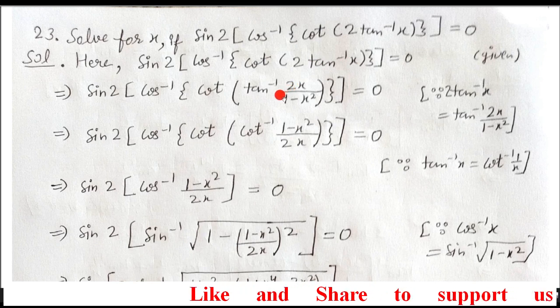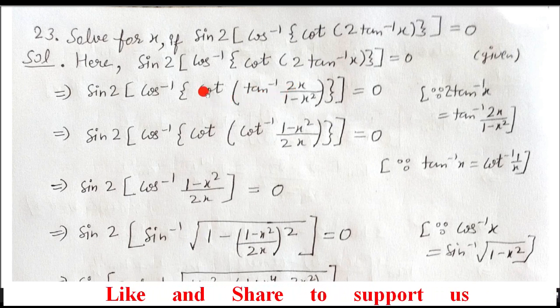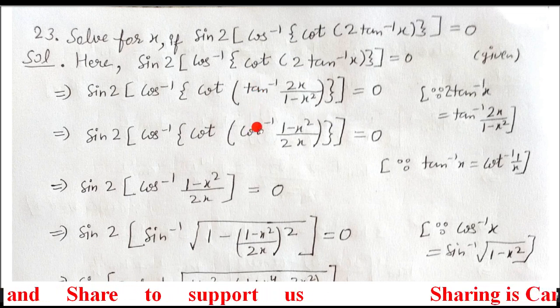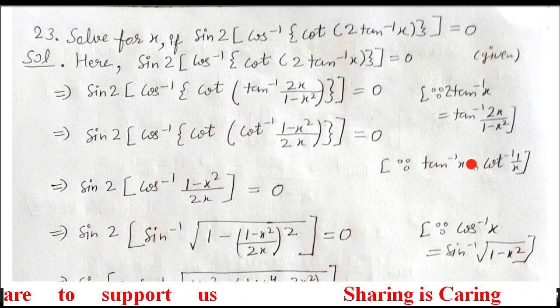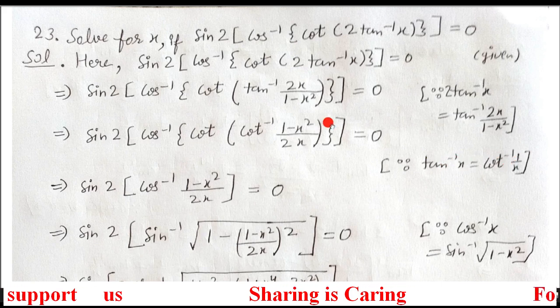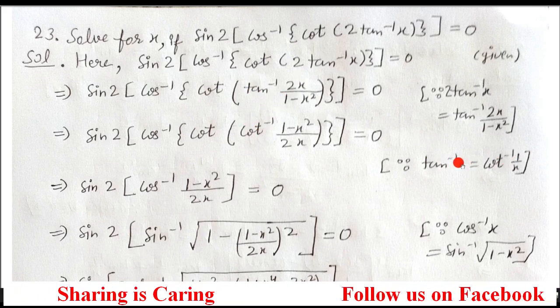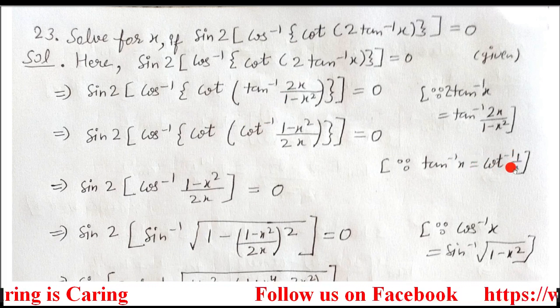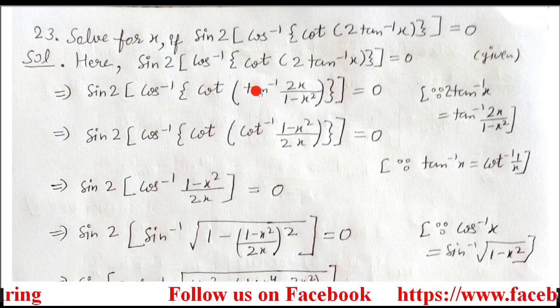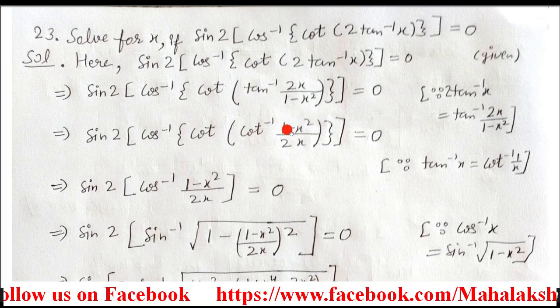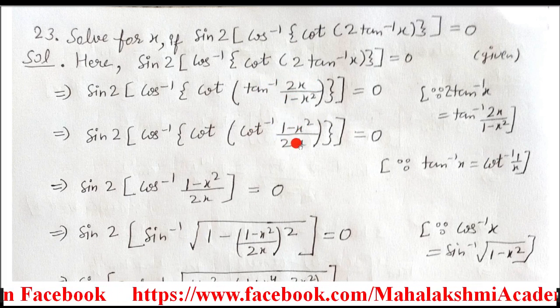So in the first step we used the formula of 2 tan inverse x. Now here is cot but here is tan, so we should convert it into cot inverse. You know tan inverse x is cot inverse 1 upon x. So here just write down cot inverse and take the reciprocal, because x is there, so we have taken its reciprocal. To convert tan into cot, take the reciprocal of the fraction, that will give you 1 minus x square upon 2x.